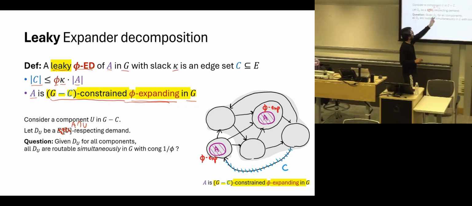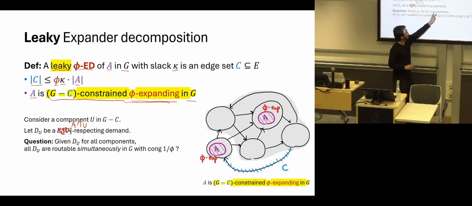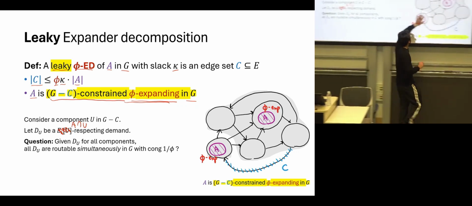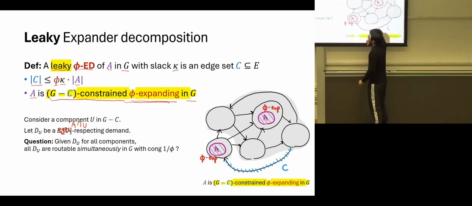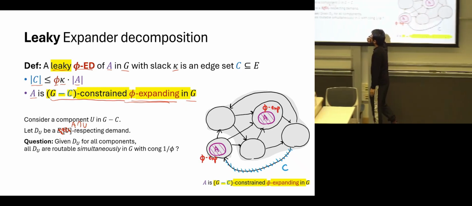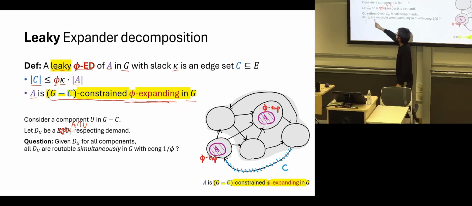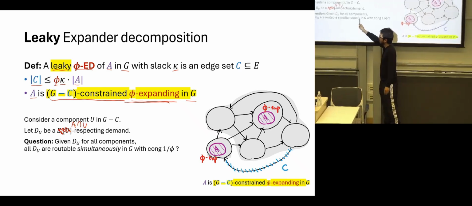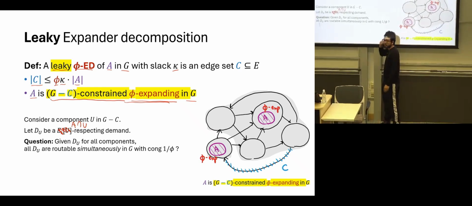If I'm given all the demand for all components, like before, demand between A here and A here, is it true that all the d_U can be routable simultaneously in G with low congestion?